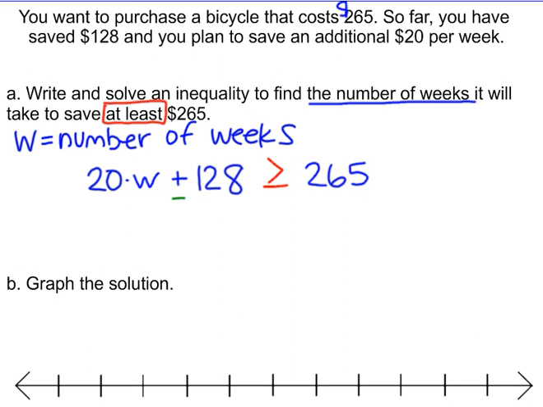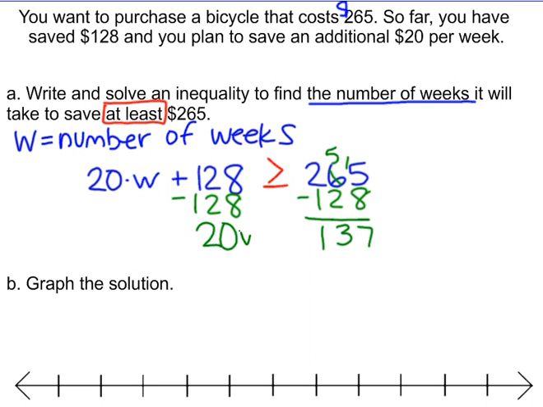So I will subtract $128 from each side. So I get 20W is greater than or equal to 137. Next, we need to divide by 20 on each side.